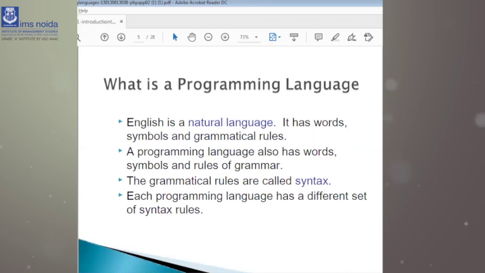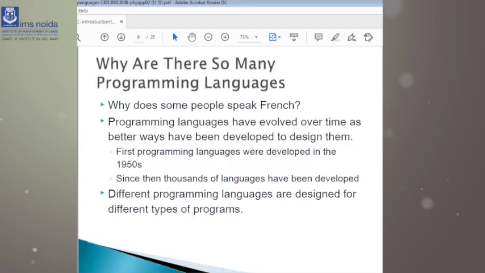So every language has a different set of syntax rules where you can learn how to code. In every language you learn, the logic will be the same, but the way to implement a code will be different. So why are there so many programming languages?